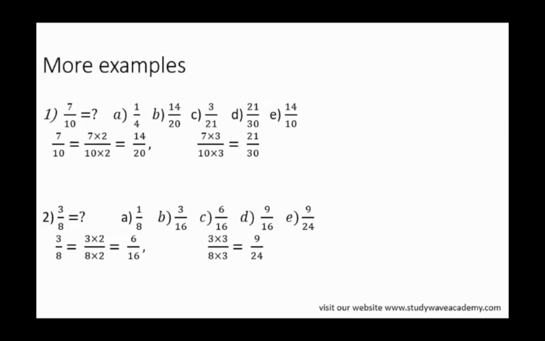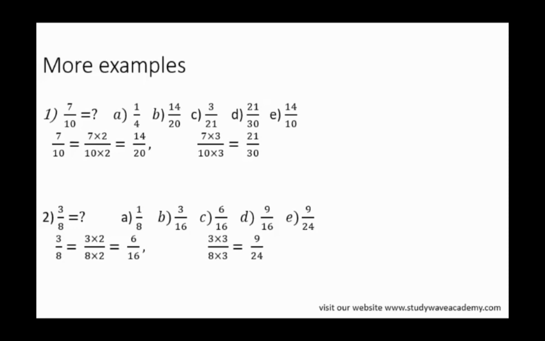Then let's think again. Which other number can we use to multiply the numerator and the denominator? Okay, let's go with 3. 7 times 3 will give us what? 21. And 10 times 3 will give us what? 30. So we have another fraction that is 21 over 30.